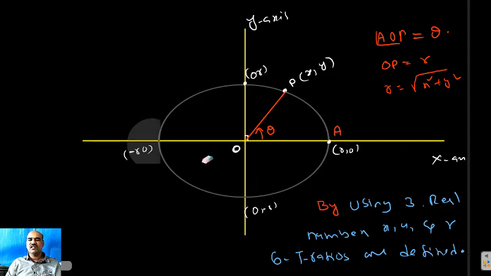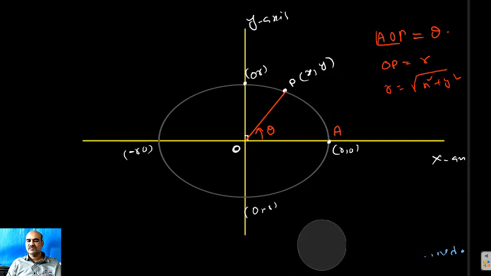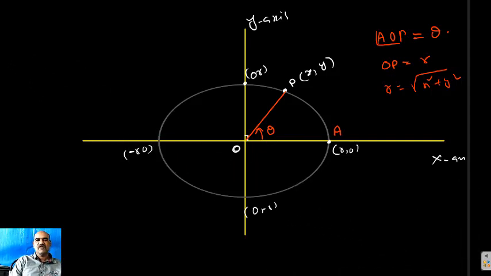Okay, I will write the definitions one by one, students. First, y by r: the distance of the y coordinate of that point P divided by the distance from the origin to that point is defined as the sine of angle theta.